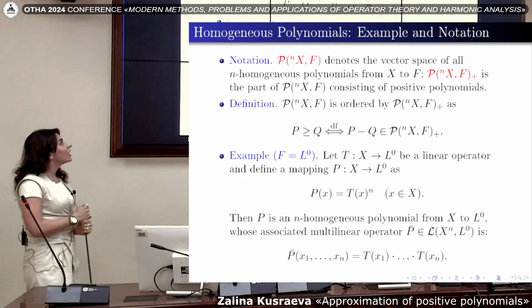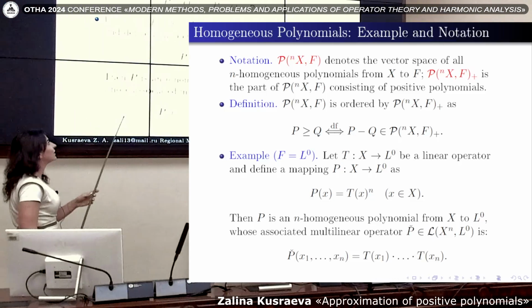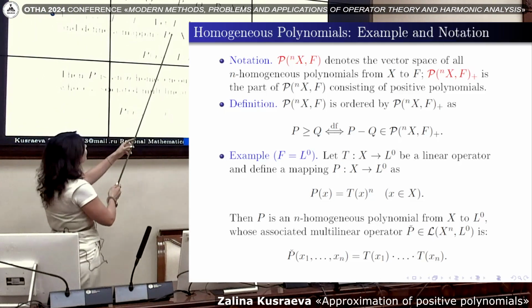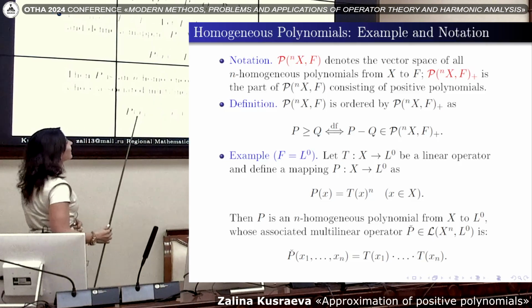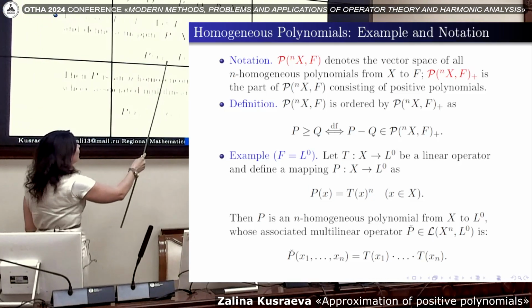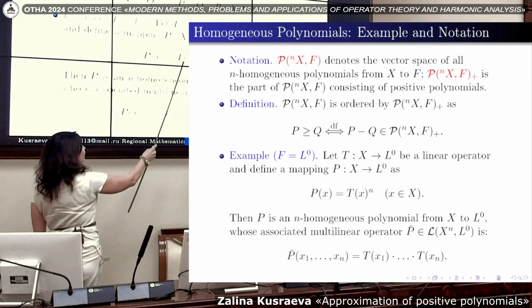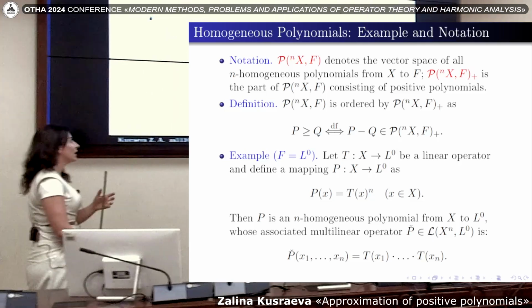And just to clarify again the notion of polynomial, I give this example. Here, as I promised, we take instead of the target space the L0 space, and then we consider the linear operator T from X to L0 and construct a new operator P in the following way. We take x from X, and each value Tx we raise to the power n.